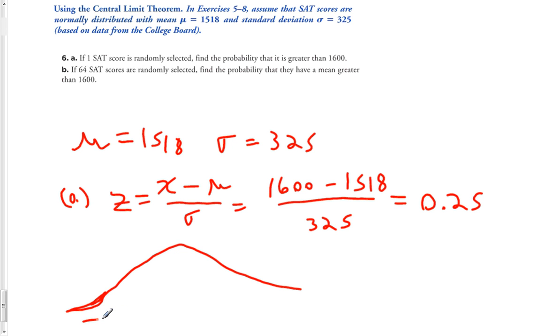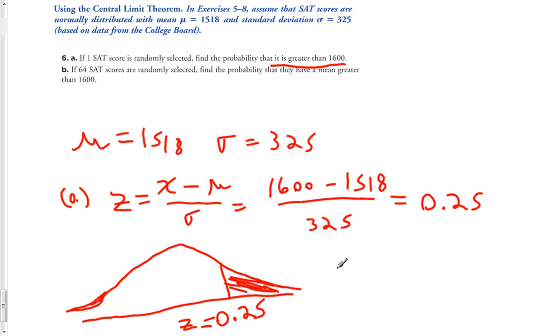All right, so now we're going to use our TI-83 to find what area corresponds to a z-score of 0.25. Now, what we're looking for is the probability of finding a value that is greater than 1600. So we need to actually find the area to the right of this z-score. So this z is actually my left z-score when I plug this into my normal CDF.